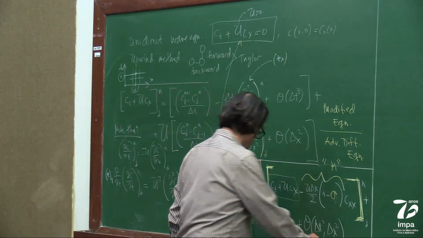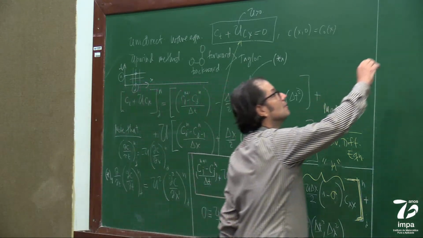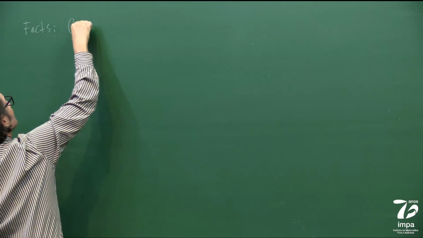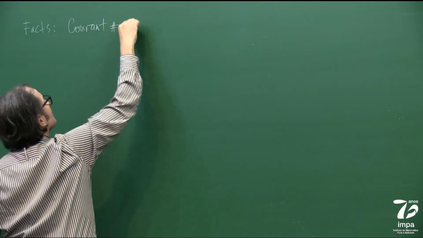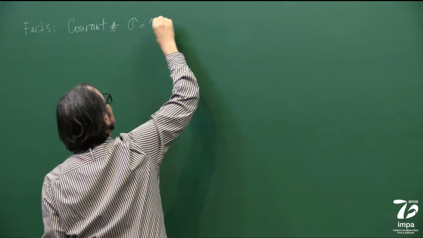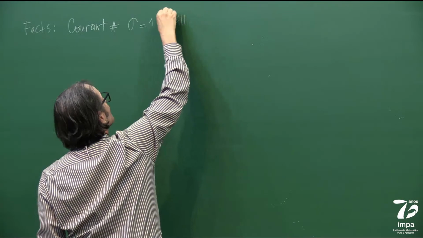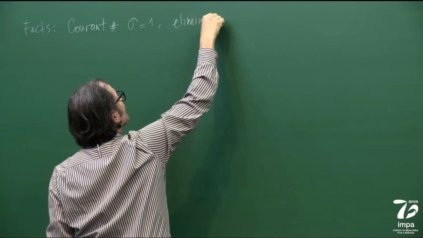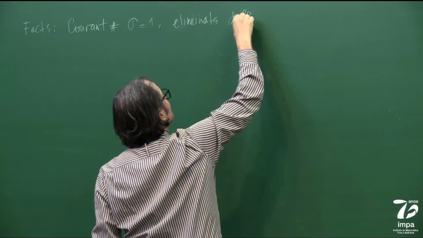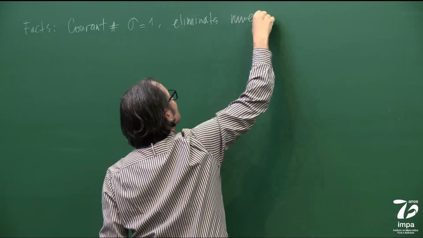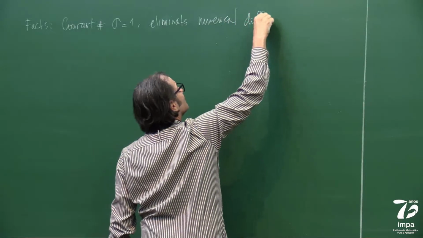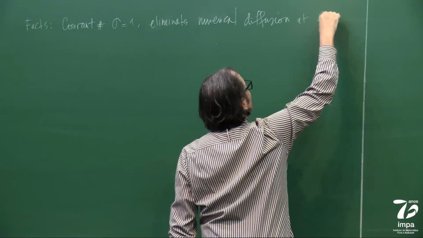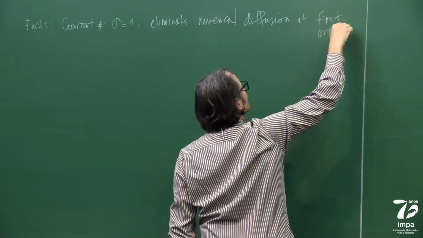So, an important fact. Courant number sigma equal to 1 kills, not eliminates, at first order.